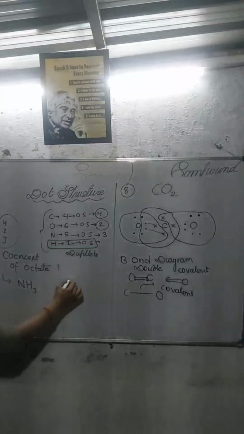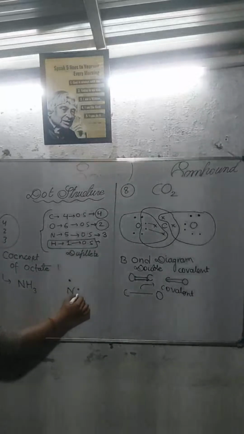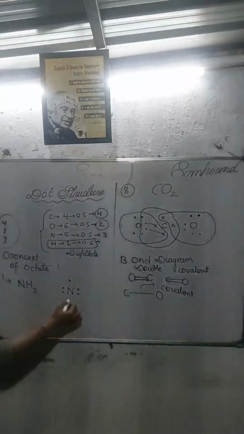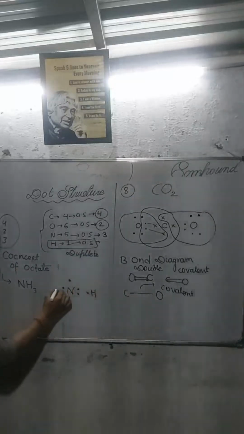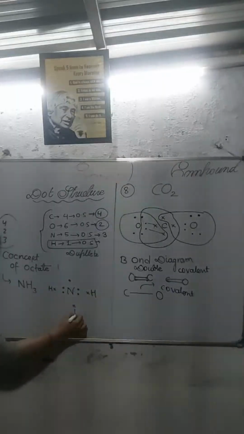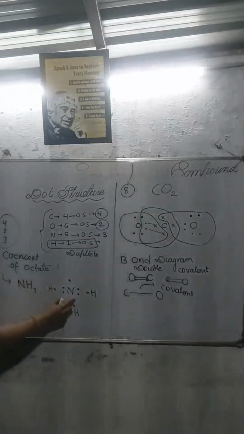Nitrogen has 5. So 1, 2, 3, 4, 5. And hydrogen and nitrogen have already 5. 2 plus 2 is 4, plus 5.